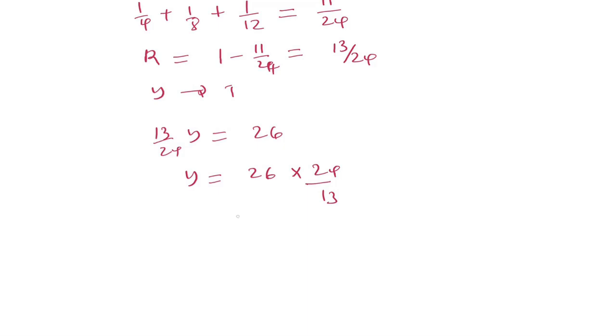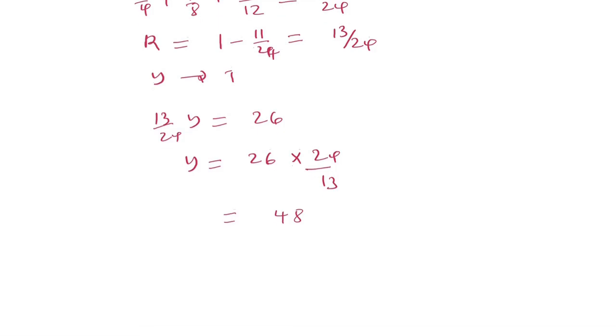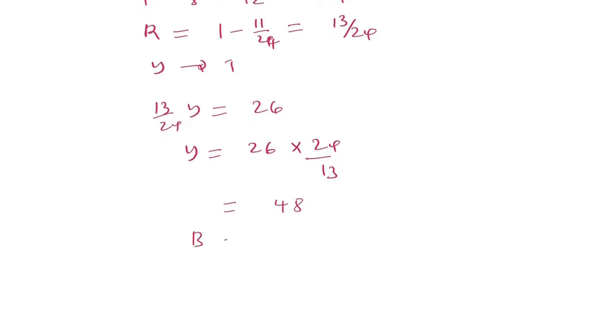Solving this, we are having Y equals 48. Okay, so now to find the blue balls, we are going to take 1 over 8 times 48, of which after solving the values, we are getting 6 balls, and that is going to be our answer.